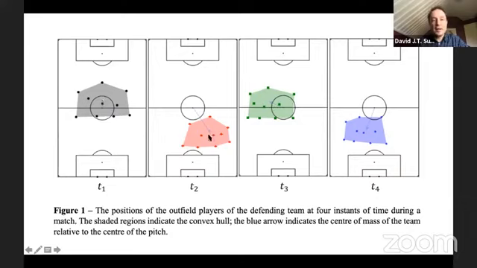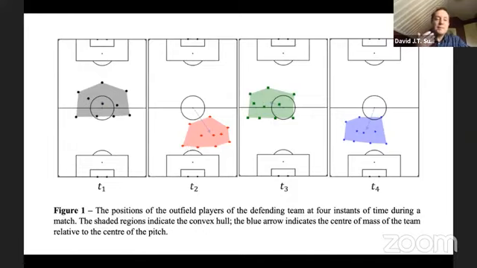The ball is here, here, here, here. How is the defense structured in those different situations? You have a sort of 4-3-3 defending formation by this particular team, where they have 7 players behind the ball, 3 players maybe in front of the ball. So given the position, this is their most likely formation.